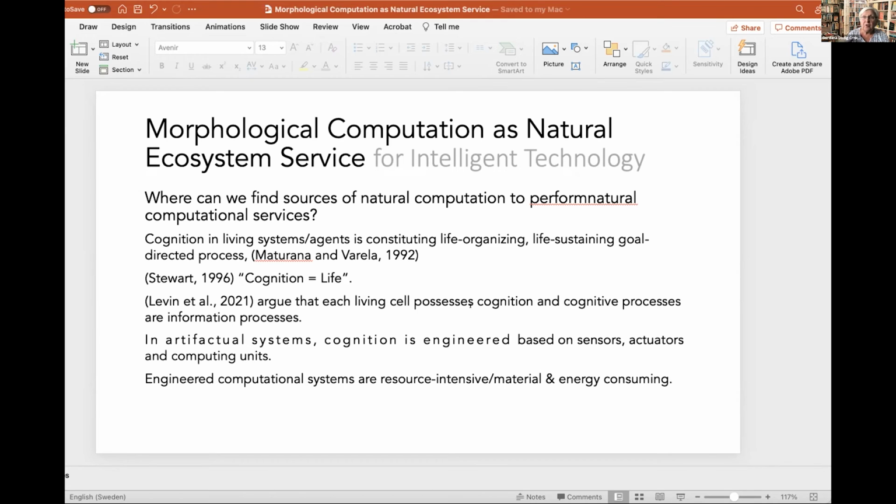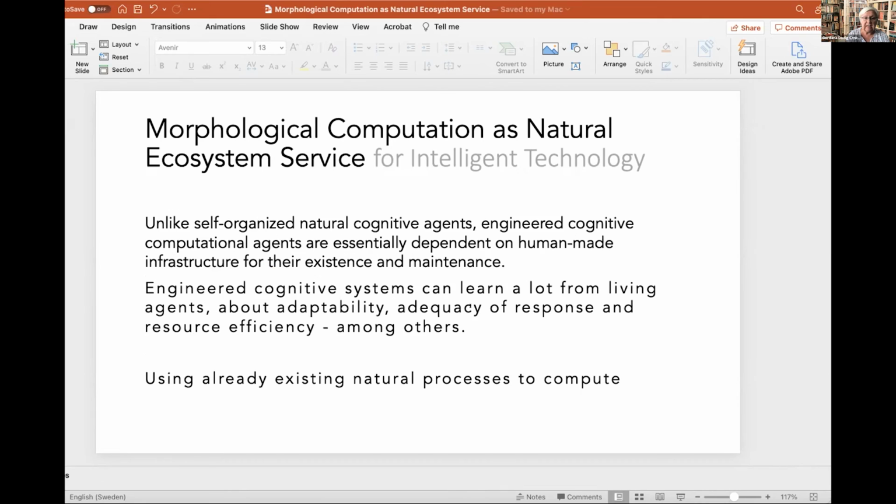So we are moving forward. The first ideas were quite speculative, but today we are really getting experimental results and possibilities to really know on the practical level how to use the same design principles that we find in nature, also applied to our especially intelligent and cognitive computational technology.